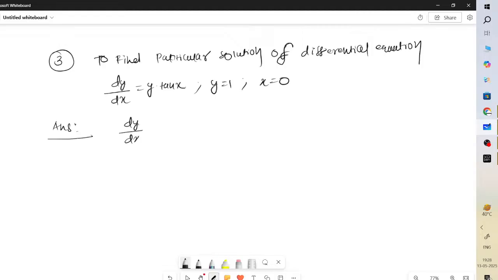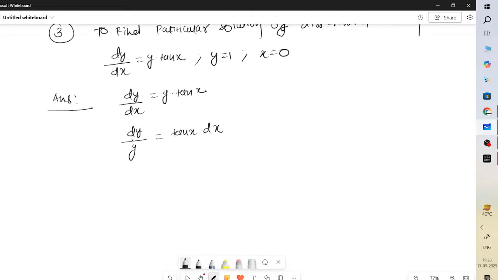This is the given equation. Again we separate the variables, writing the y with the dy and writing dx with tan x. Separation of variables. So this can be written as dy by y equals tan x dx. Okay.